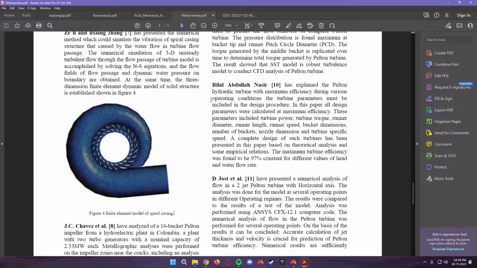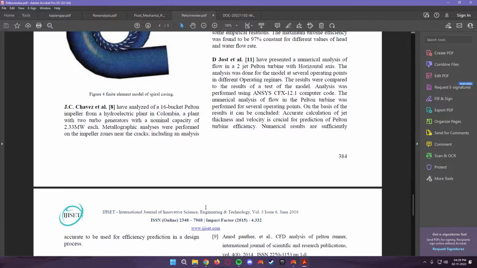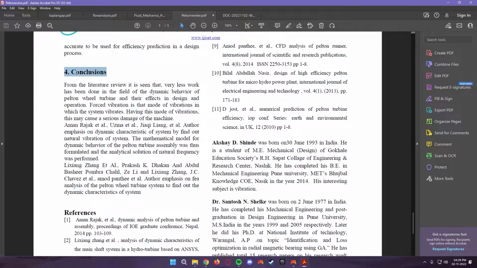And these are some more student works on this model. Conclusion. From the literature review, it is seen that very little work has been done in the field of dynamic behavior of Pelton wheel turbine and its effect on design and operation. Forced vibration is one mode of vibration that may cause serious damage to the machines.